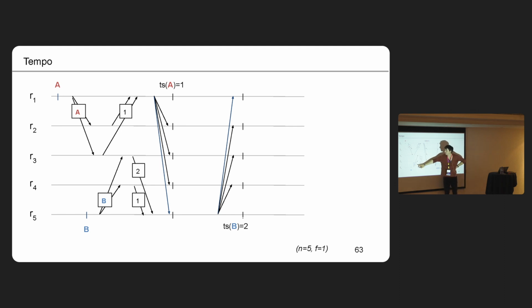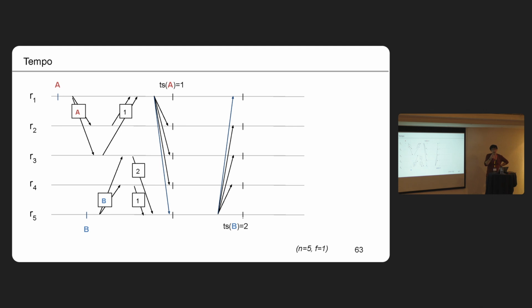Here we send command B, and because R3 has already seen A, it will return 2 to the fifth replica. If we consider f equal to 1, we know it has been reported at least one time. So we again take the fast path with command B, and the timestamp for B is 2. It's the same idea in spirit as Atlas, except you use timestamps instead of dependencies.